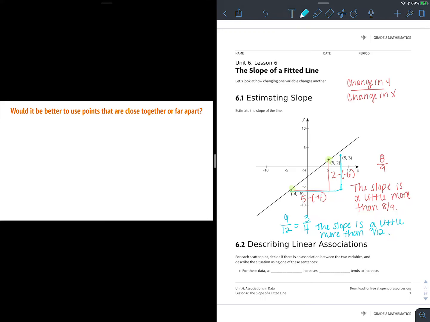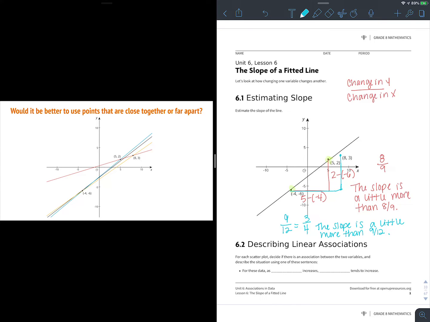But let's think about, now if you look on the left side of the screen, would it be better to use points that are close together or further apart? So let's think about if you're looking at all these different lines that we have here. You see the red line represents the 5, 2 and the 8, 3.